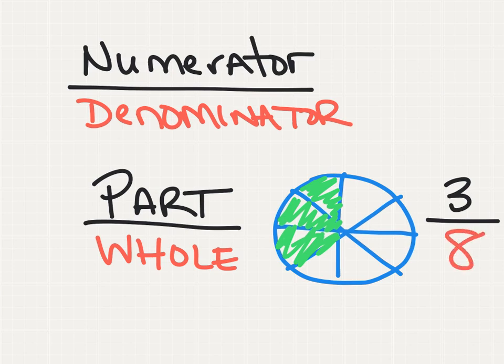Of the 8 total slices, I ate 3 of them. The part of the whole pizza that I ate was 3 parts out of the 8 total parts. 3/8 would be my fraction, representing the slices of pizza that I ate.